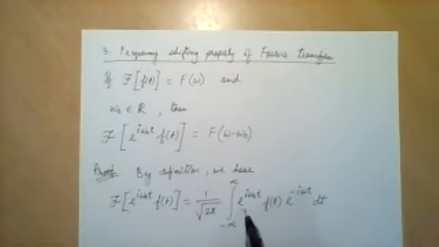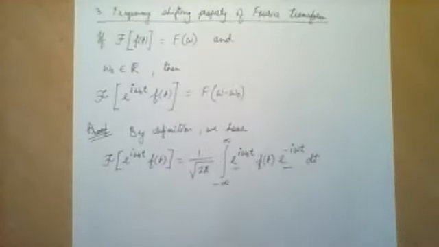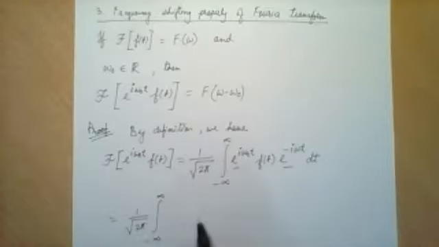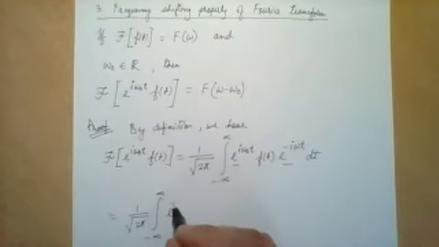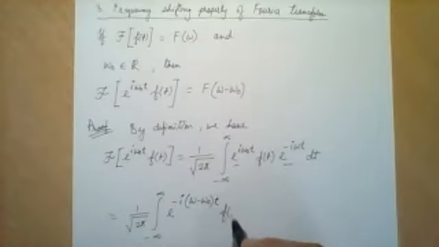Now I can group these two terms together, e to the power i omega naught t and e to the power minus i omega t. That will give me integration from minus infinity to plus infinity e to the power minus i omega minus omega naught times t f of t dt.